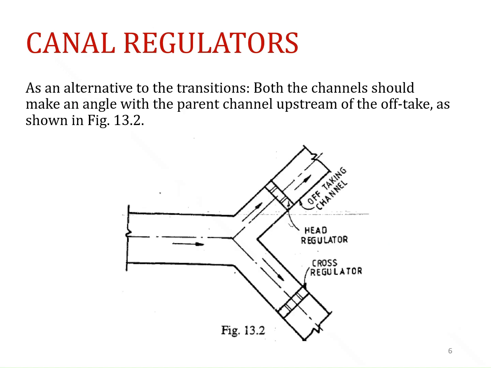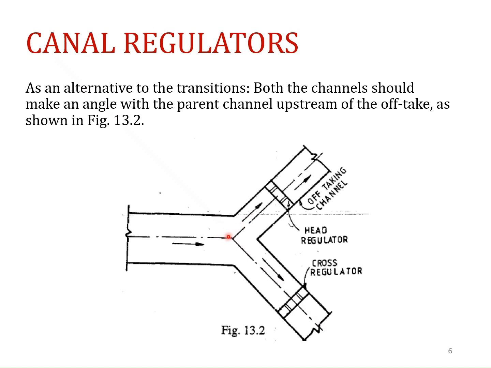Another arrangement is this, where the center line of the off-taking canal does not make a 0 angle here, but right from the beginning there is an initial angle, which is not 0.